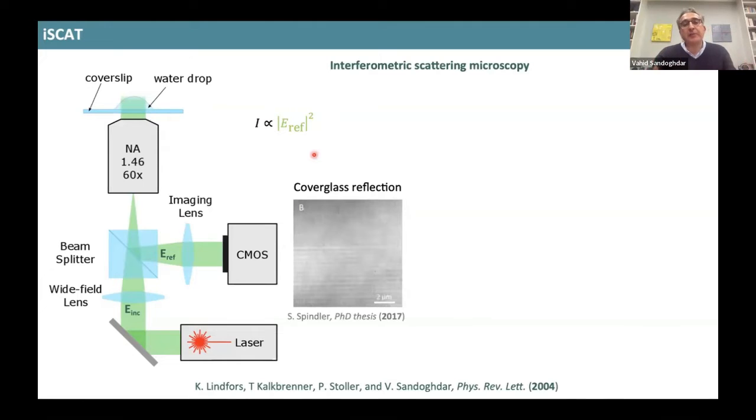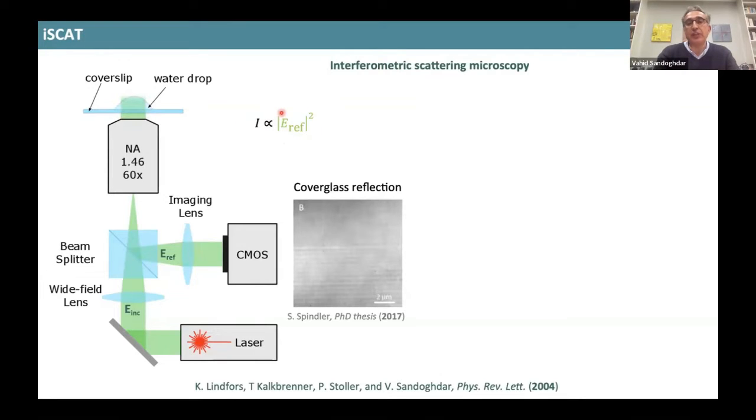The light that comes back from the sample interferes with the light that is coming from the particles. So you have particles in the sample, and you have this substrate here, and they both give light, and the two interfere. The light that is reflected from the sample is kind of like a reference.